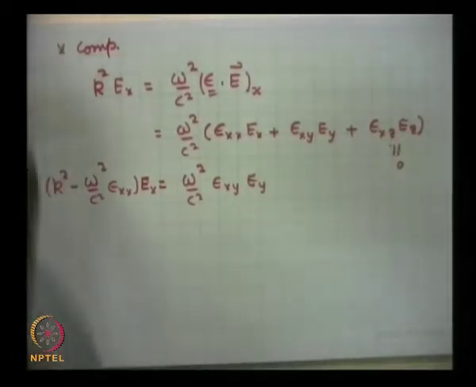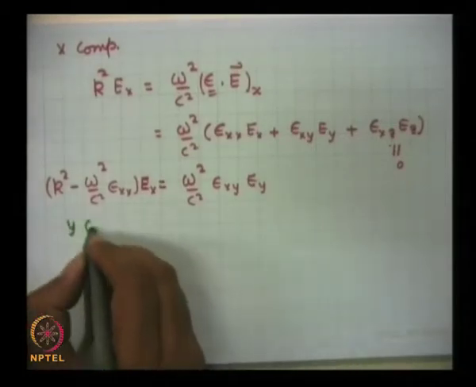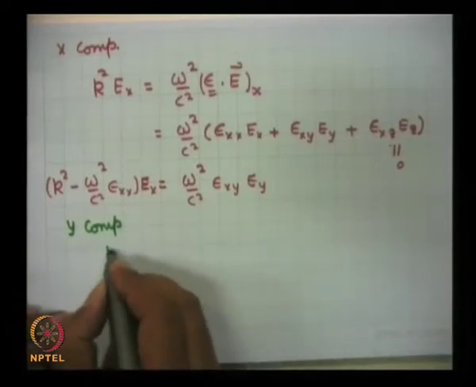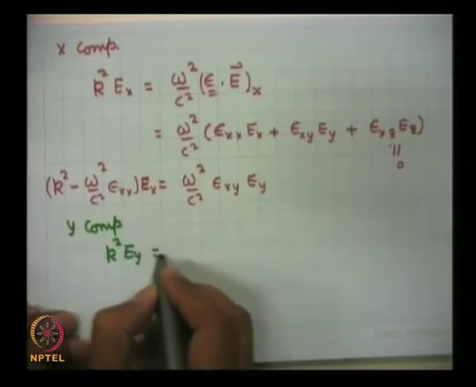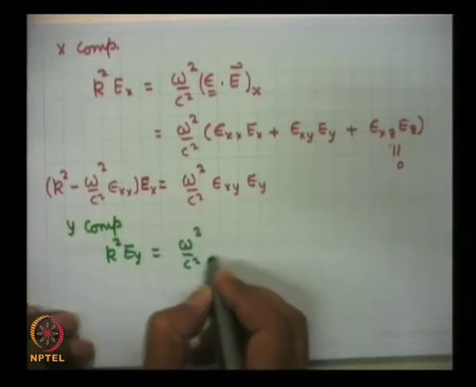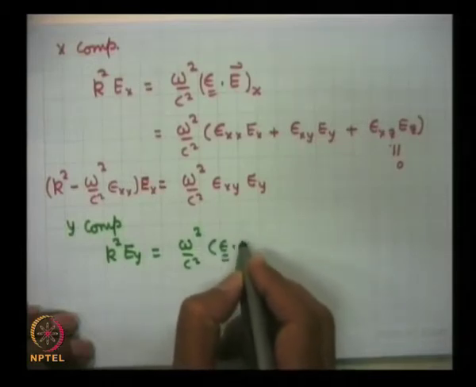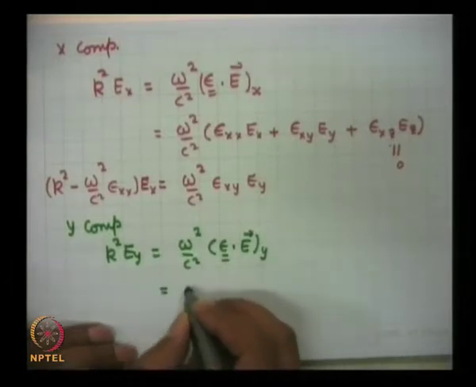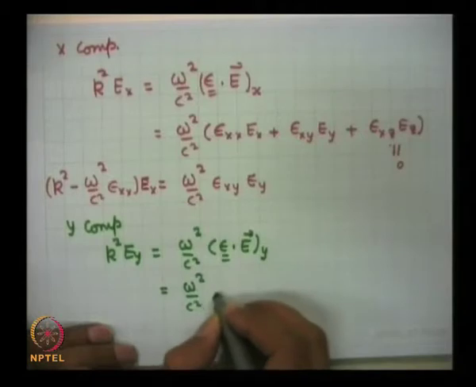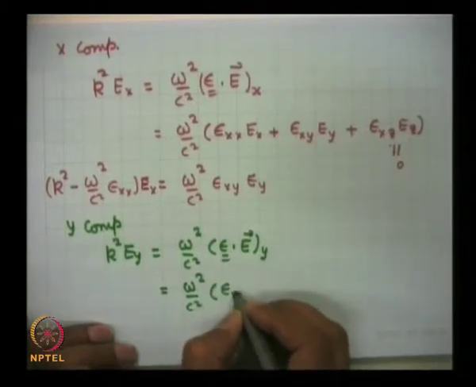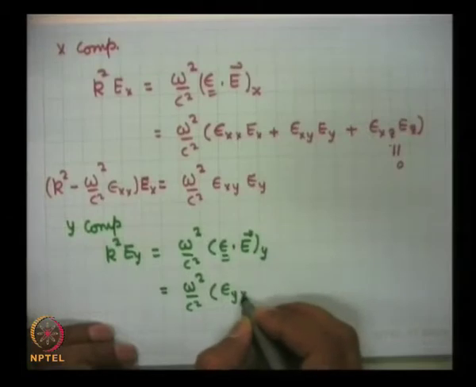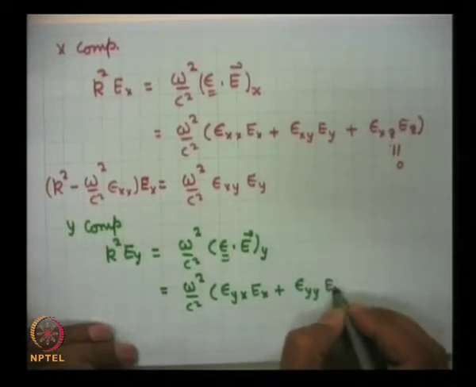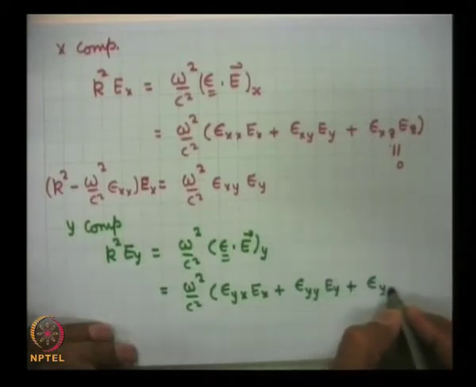And for the y component, let me write the equation. The wave equation gives you k square Ey, which is equal to omega square by c square epsilon dot E, y component, which turns out to be omega square by c square, with first index y and second running: epsilon yx Ex plus epsilon yy Ey plus epsilon yz Ez.